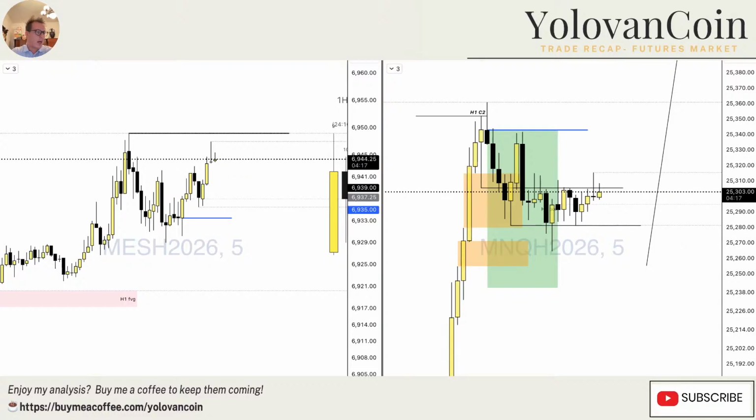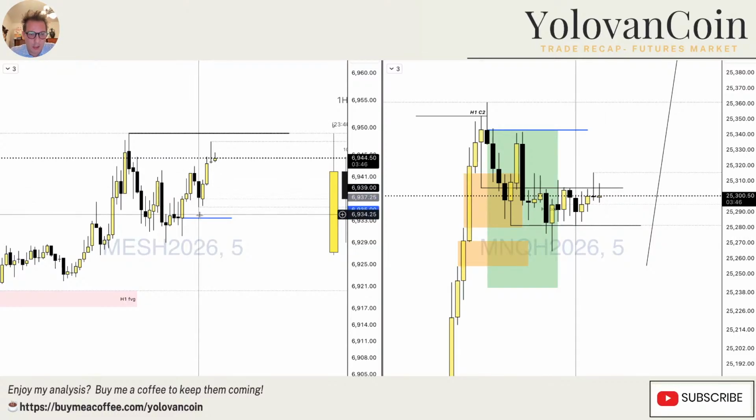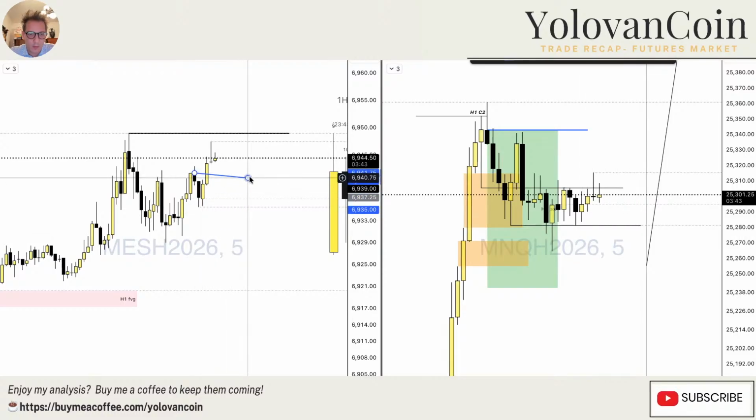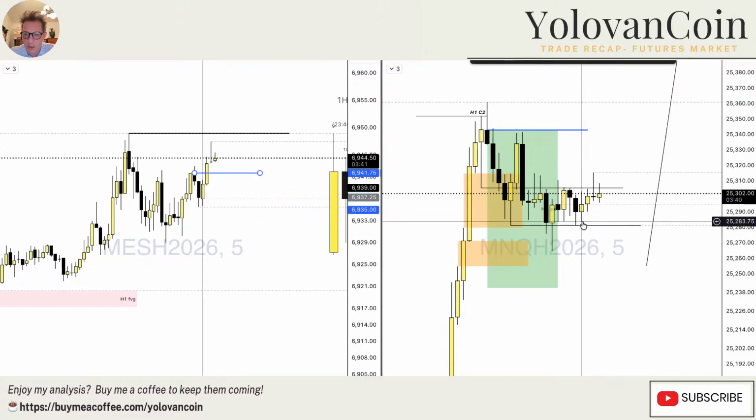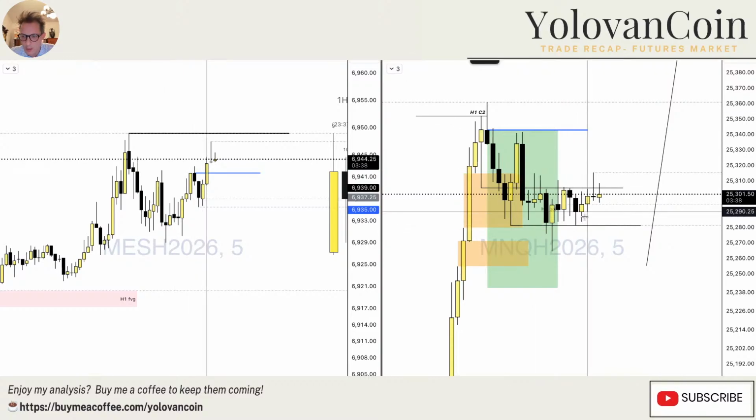If gold wants to go higher, Nasdaq should go lower. I want to see a 280 on Nasdaq now. Quick down move on Nasdaq. There's gonna be a retest here of this OB, and I want to see these failure swings be taken. 280s this low.